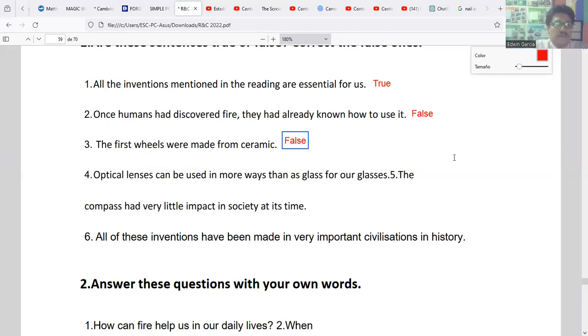Bien, veamos la number 4. Dice, optical lenses can be used in more ways than as glass or glasses. What do you think for number 4? Is it true or false?